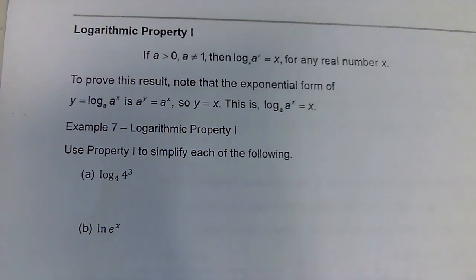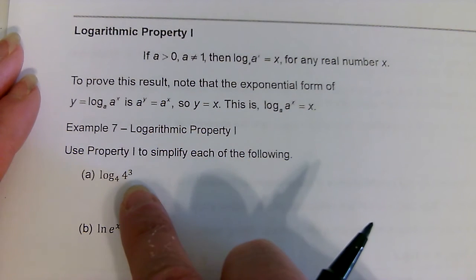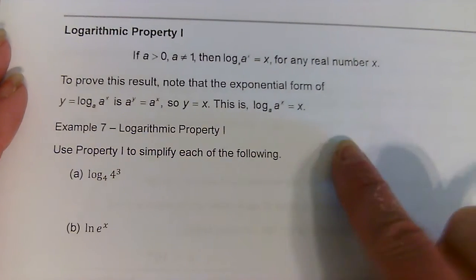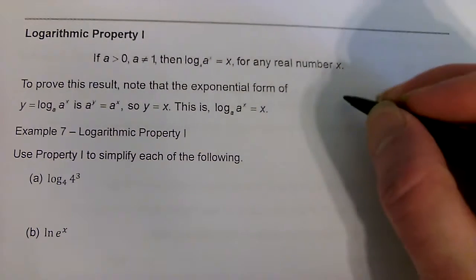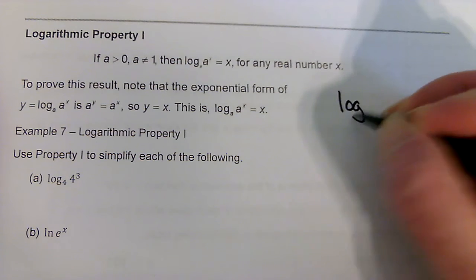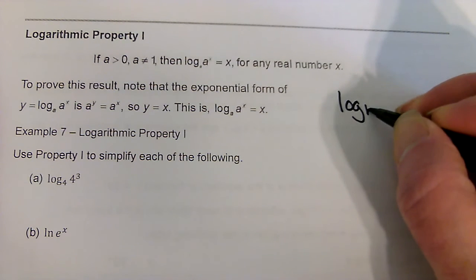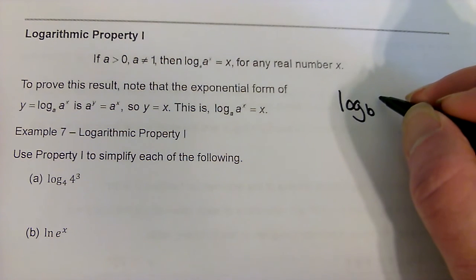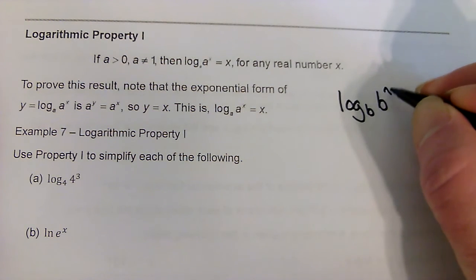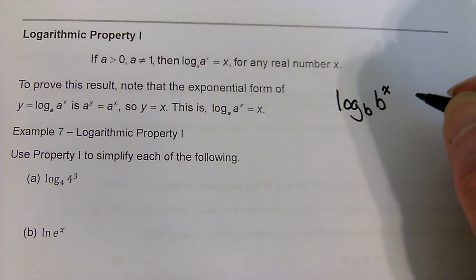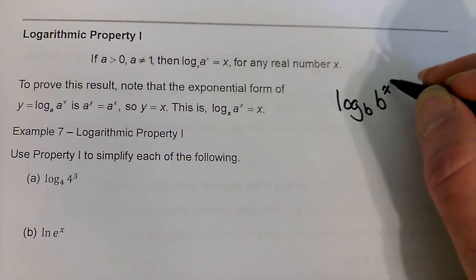So since these are inverses of each other, do you remember that if you squared a square root, it kind of undid it? Well, this property says that if I have log base b of b to something, let's think about what that really means.